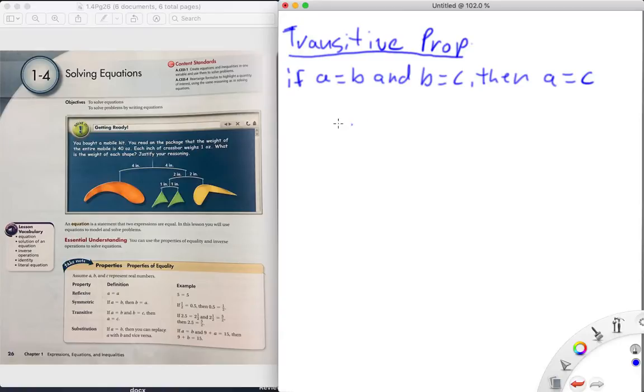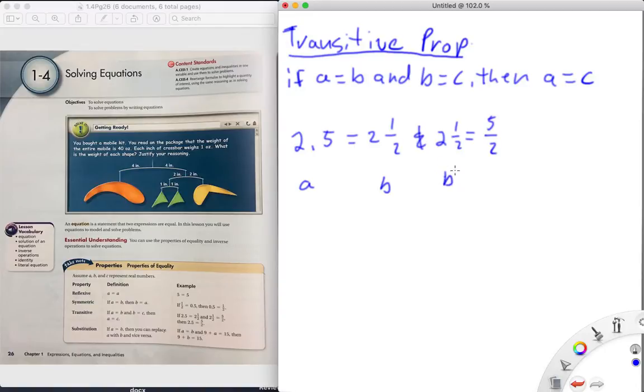Transitive property of equality. And what the book has is 2.5 is equal to 2.5. So this would be my A, and this would be my B. And 2.5 is equal to 5/2.